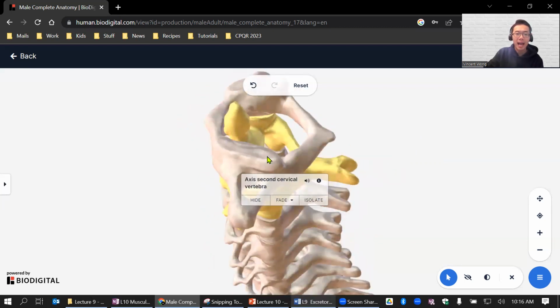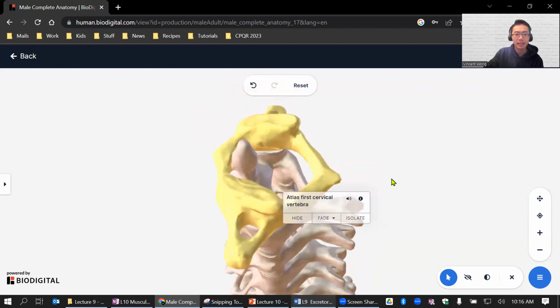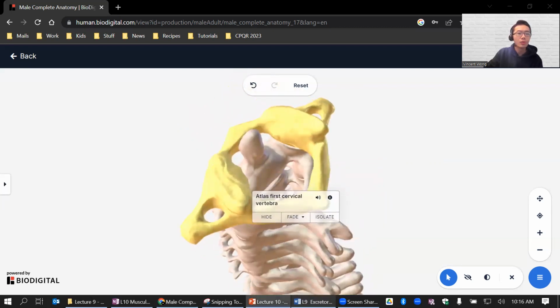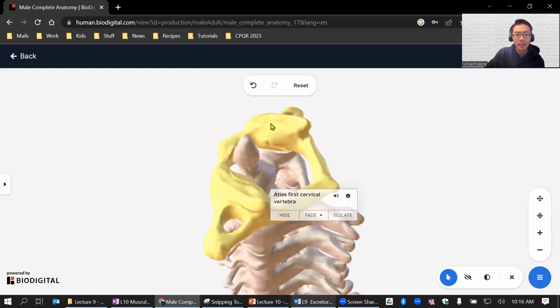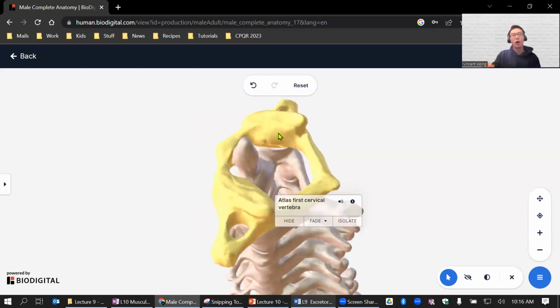Let's take a look at the atlas. The atlas has 2 grooves on it. Okay? These grooves right here. Those grooves are going to articulate, form a joint with the occipital condyles.